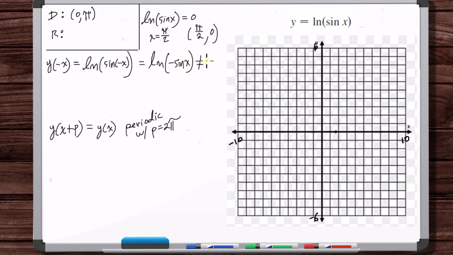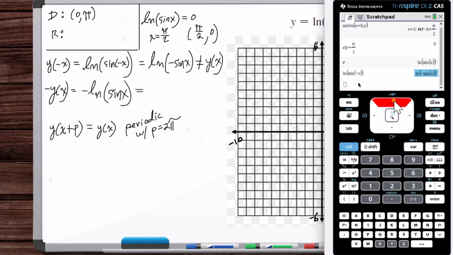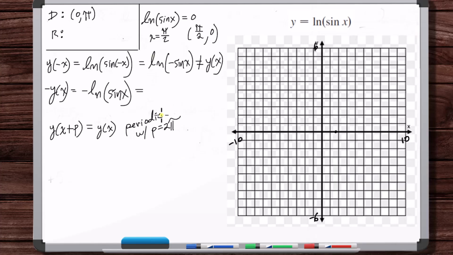This is not equal to y of x. What about an odd function? Minus y of x is equal to minus natural log of sine of x. And I believe that's not anything either. That's not equal to y of minus x. So just periodic.